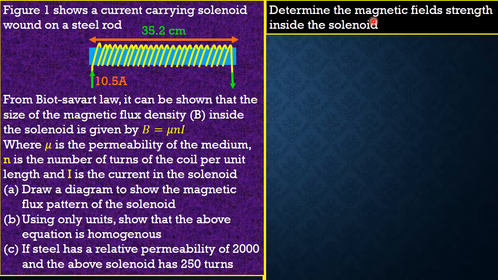Okay friends, question 1 says that Figure 1 shows a current carrying solenoid wound on a steel rod. This is it.